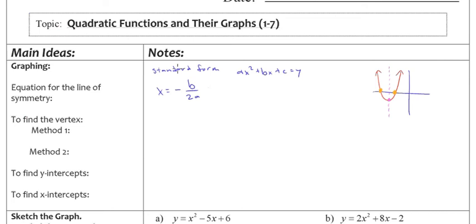You've got two methods to finding the vertex. One is to find the x value, if it's in standard form again.